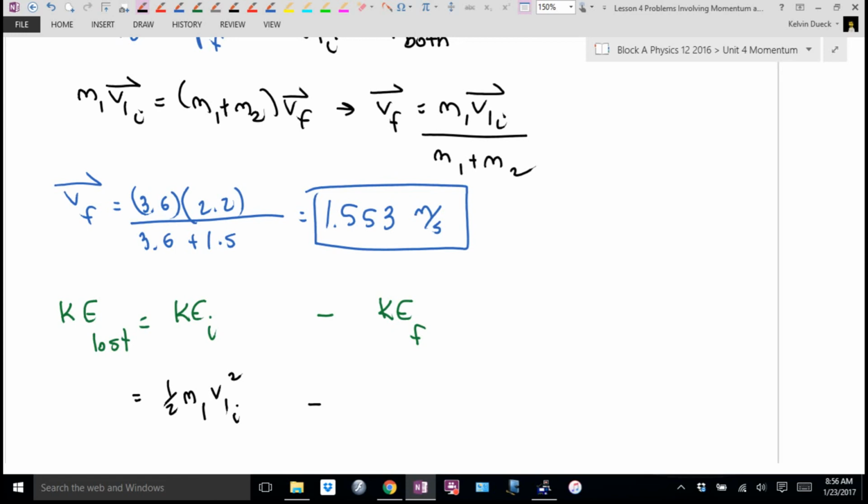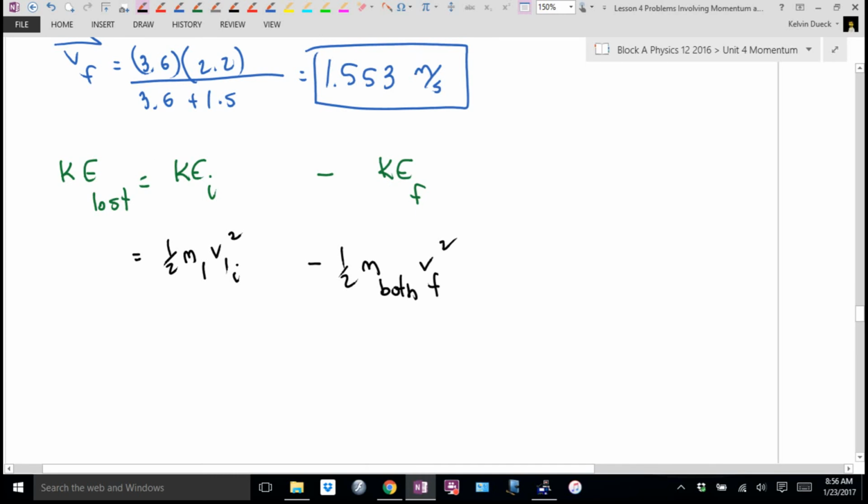If they were separate, I would just put both in brackets. I would go a half m1 v squared and a half m2 v squared. Since they're stuck together, I guess I don't really need the brackets. I can go 1/2, but I better make very sure that I put here the mass of both, and that's going to be v final squared. And I better make sure I get the right masses in for each part. Okay, I think I can do this.